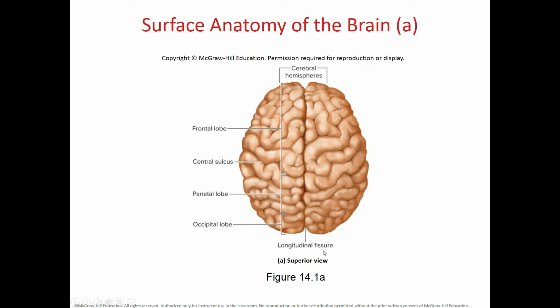So this is the superior view of the cerebrum. Here you can see the longitudinal fissure separating the right from the left hemisphere. And in this view you can see the frontal lobe, the parietal lobe in here, and the occipital lobe in here.